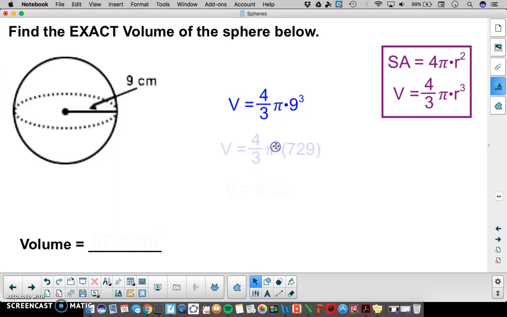So 9 times 9 is 81, times another 9 is 729. Then I have to multiply that by 4/3. To multiply by 4/3, we multiply by the top and divide by the bottom. So multiply by 4, divide by 3, and we get 972 pi. So the volume is 972 pi cubic centimeters.